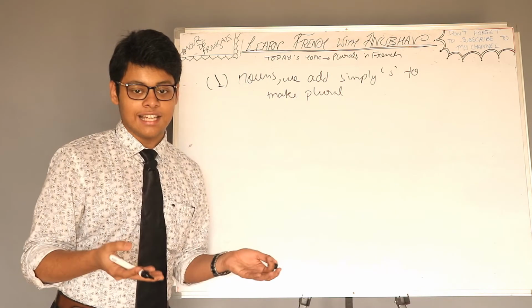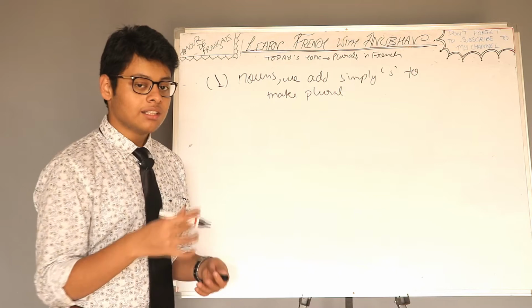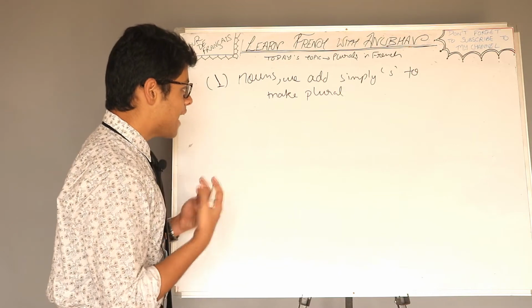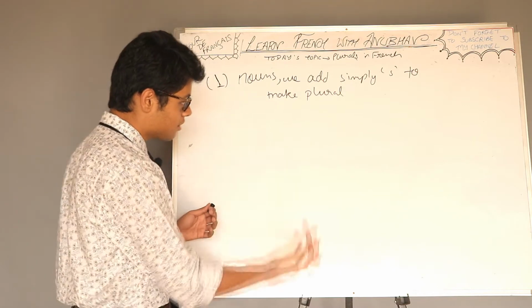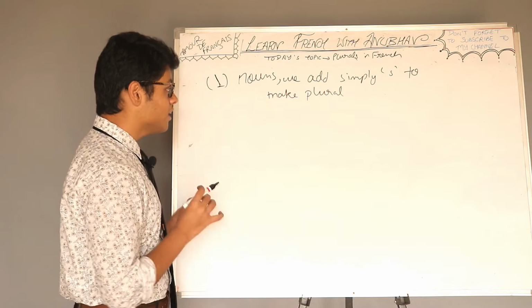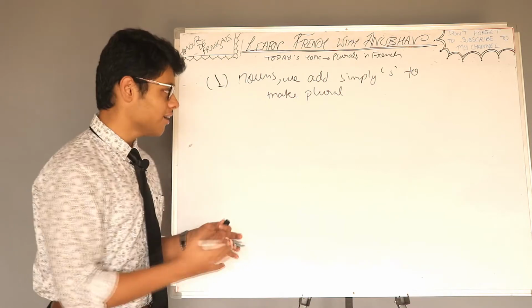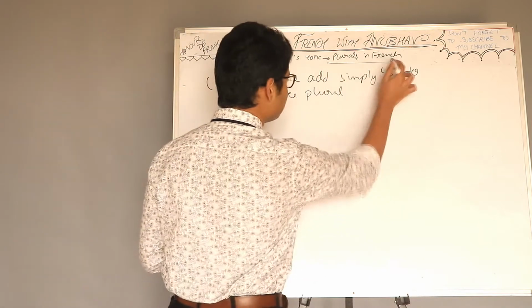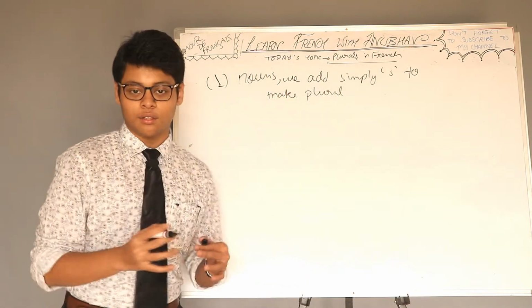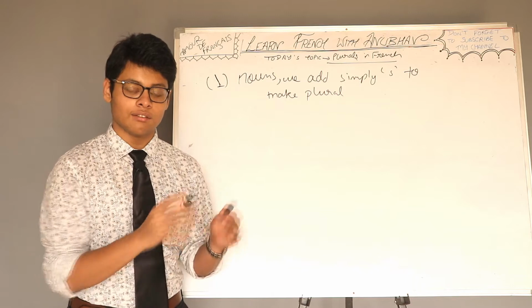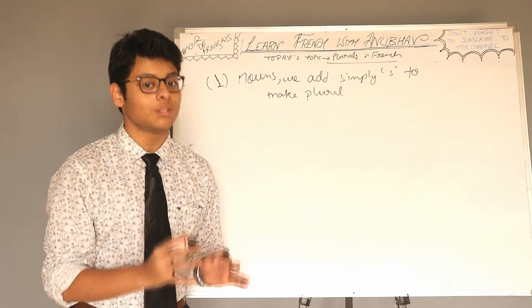Simply we add an s, like chocolate, chocolates. So by adding an s, a singular word becomes a plural word. That's what we need to do today in French, and that's the simplest thing under the topic plurals in French. It's just that you must know which words follow this and which words don't.